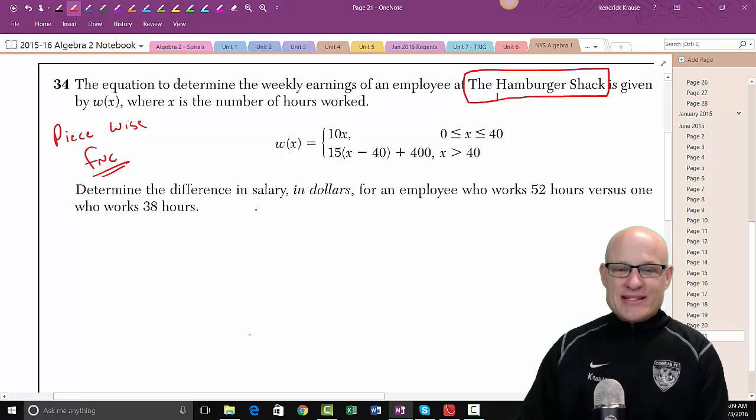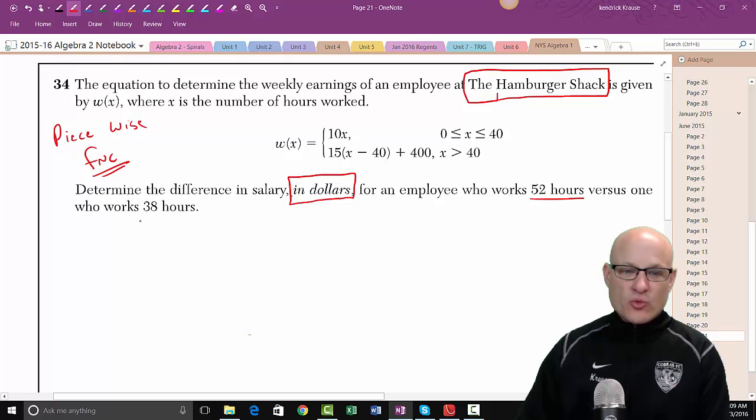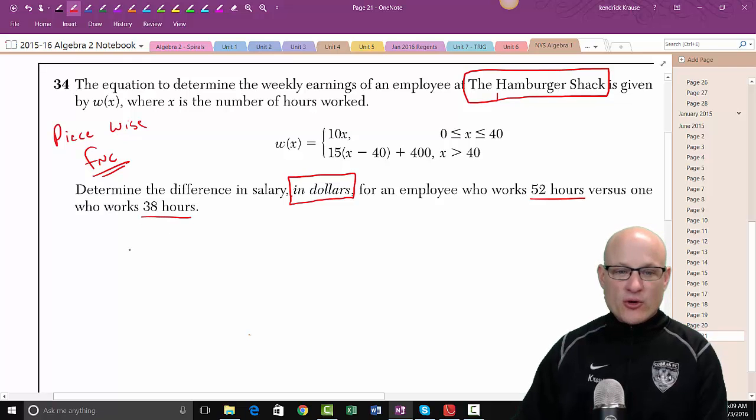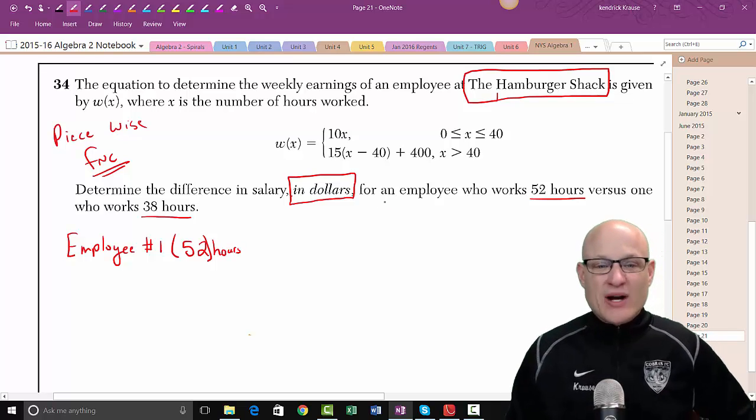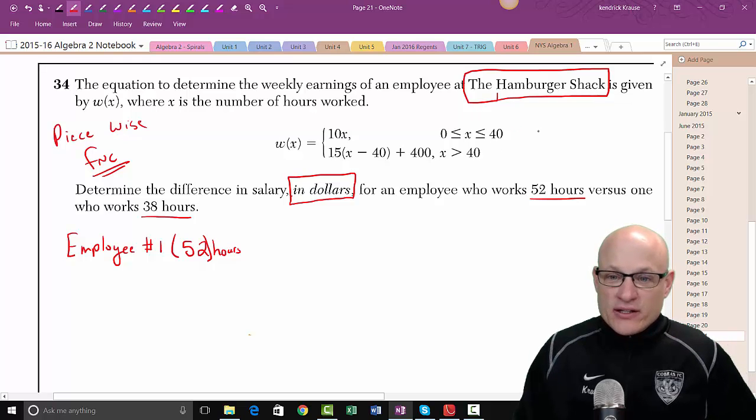It says determine the difference in salary in dollars for an employee who works 52 hours versus one who works 38 hours. So employee number 1 is going to work 52 hours. Well, where is 52 hours? It's not between 0 and 40, so we have to use this equation.